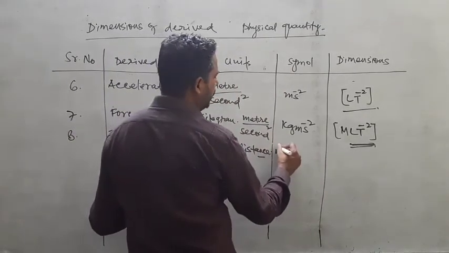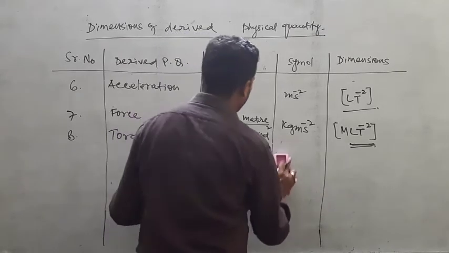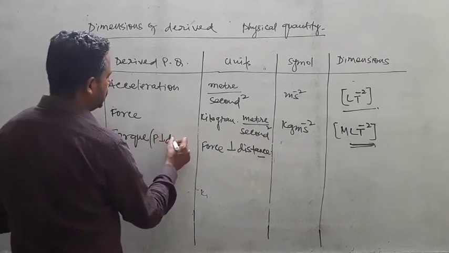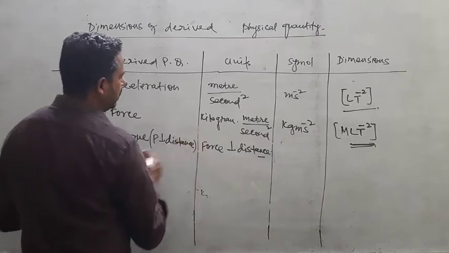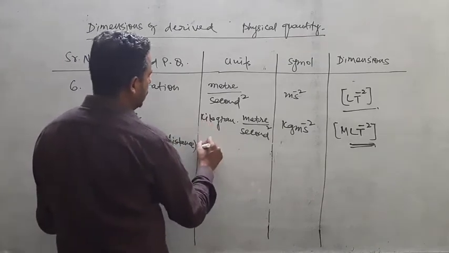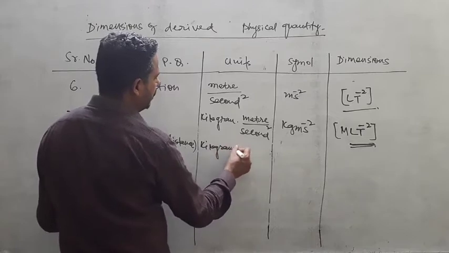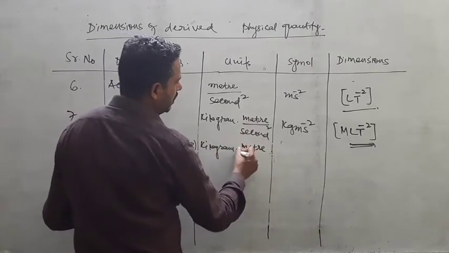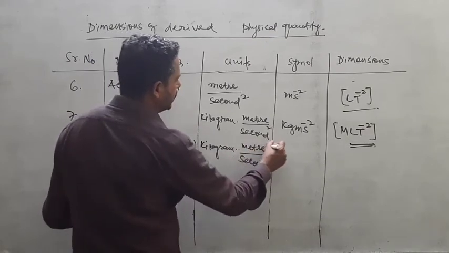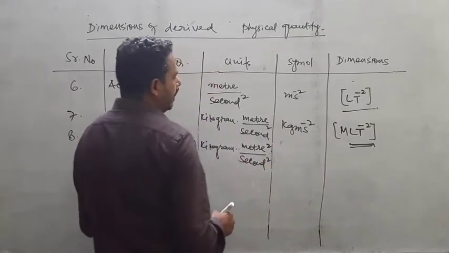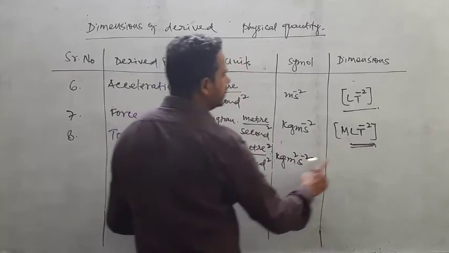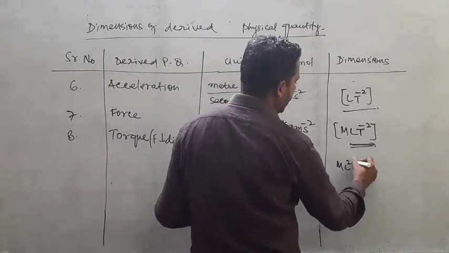Since the formula is force into perpendicular distance, for force we write kilogram meter divided by second squared, and with one more distance there is another meter. In symbol it is kg square meter per square second, and its dimension is ML^2T^-2.